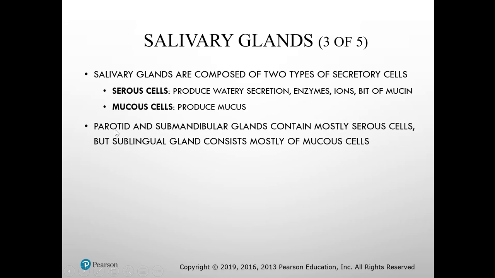Your parotid gland contains mostly serous cells, your submandibular contains a mixture of serous and mucus cells, but the sublingual is mostly mucus. So that's the difference between those three. If you see anything that is a mix, it would be submandibular.